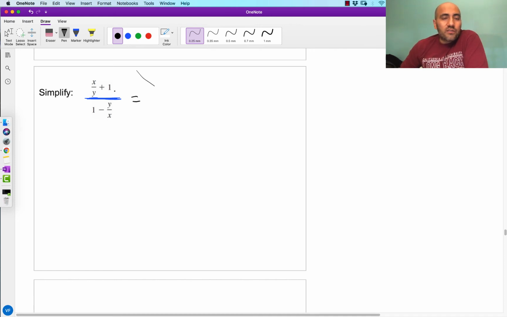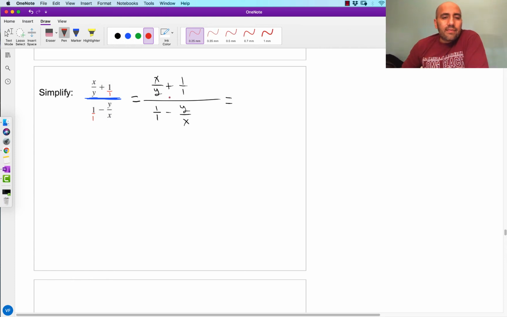So focusing just on the numerator, one thing I could do is rewrite this numerator with a little 1 underneath there, so that I have fractions. I can always take any constant and put a little 1 underneath it and turn it into a fraction. So in the numerator, I end up with x over y plus 1 over 1. Separately, in the denominator, I'm going to do the same thing. I end up with 1 over 1 minus y over x. So I'm kind of just thinking of them separately.